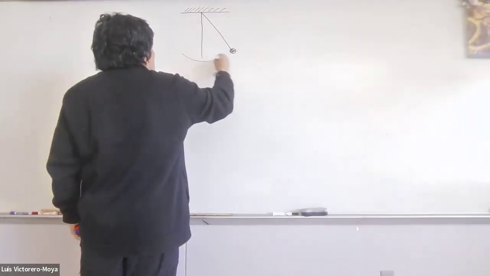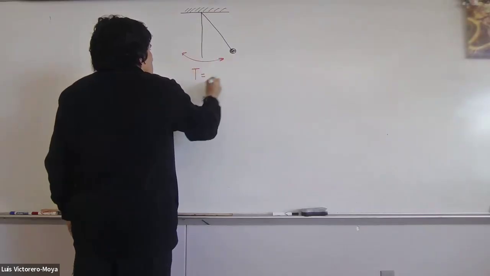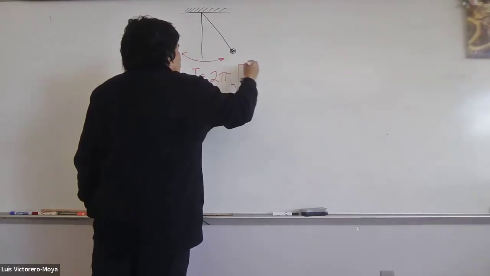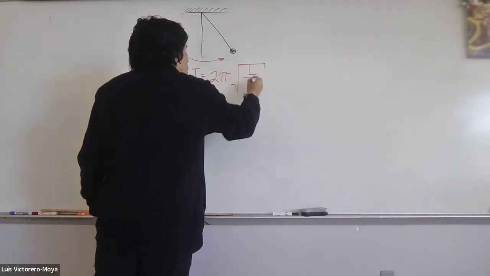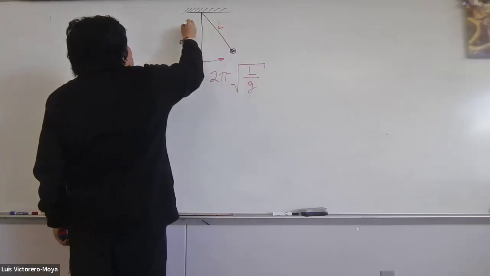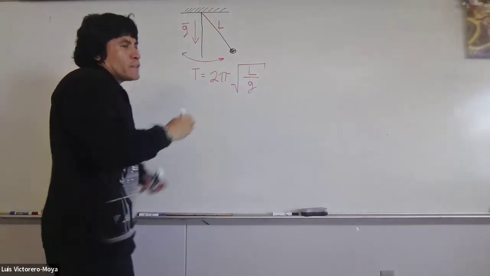So there is a period. The period is 2 pi square root of L over gravity, where L is the length of the pendulum. And gravity, you know, is always pointing downwards.